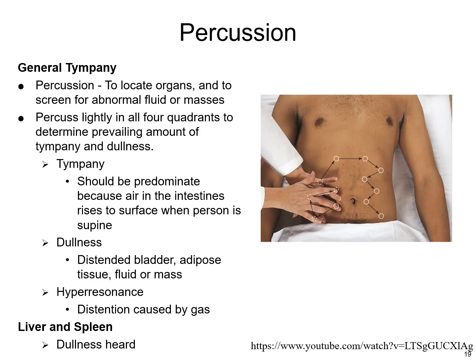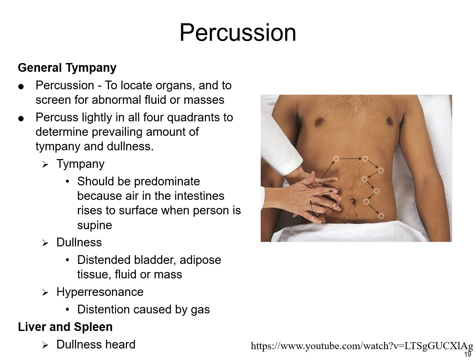Percussion. We use percussion to locate organs and screen for any type of abnormal fluid or masses. You want to lightly percuss in all 4 quadrants, and you want to determine if it's tympany or dullness.